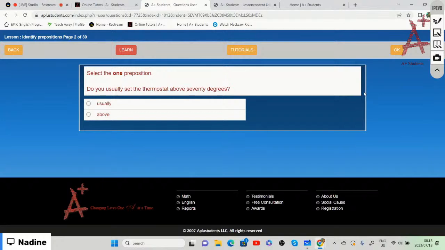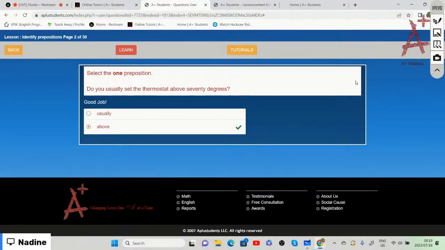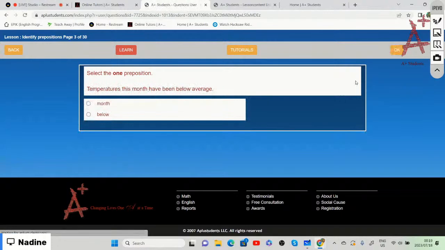All right, so if we were to choose the correct preposition within that sentence, then we can choose above, right? So above is the preposition that connects the object, which is degrees, to the rest of the sentence. So above, that means that you are correct.